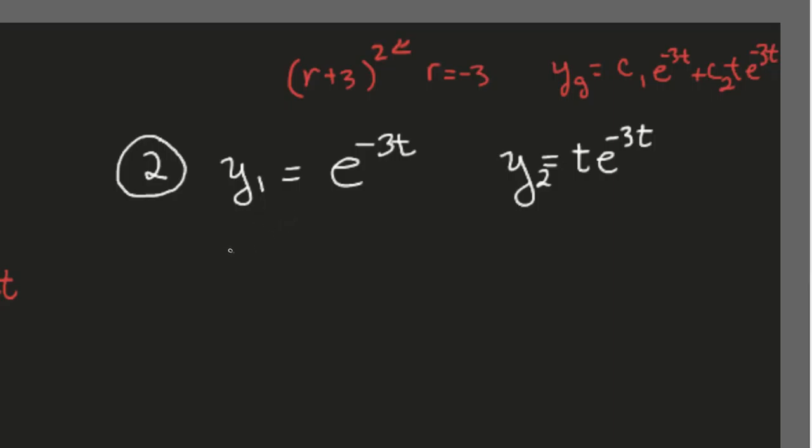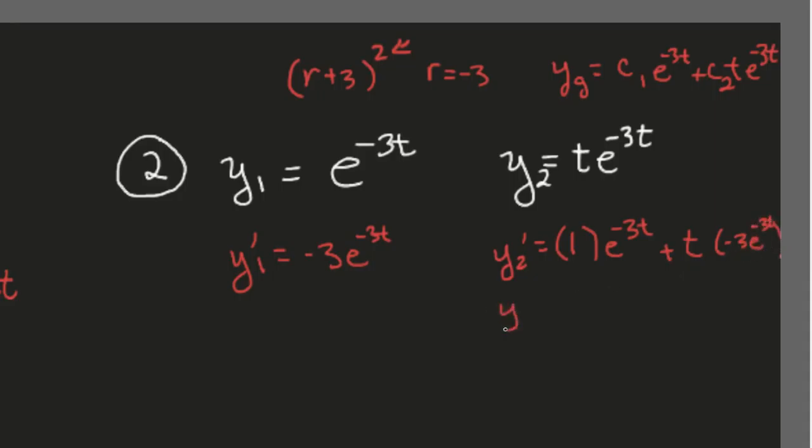So if we have the derivative of y1, that would be the derivative of your exponent times what you had originally. Now on y2 we have a product rule because there's two t's being multiplied, so the derivative of the first times the second with no change plus the first with no change times the derivative of the second.